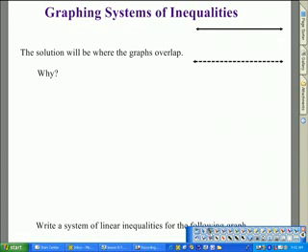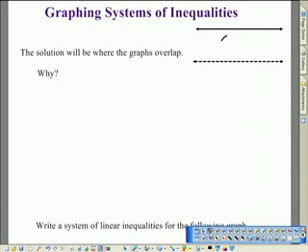Those two inequalities that have what underneath? A line, an equal sign. So less than or equal to, or greater than or equal to, give you a solid line when you go to graph it. And the dashed lines are for the other two, which are just less than and greater than, without the equal sign.